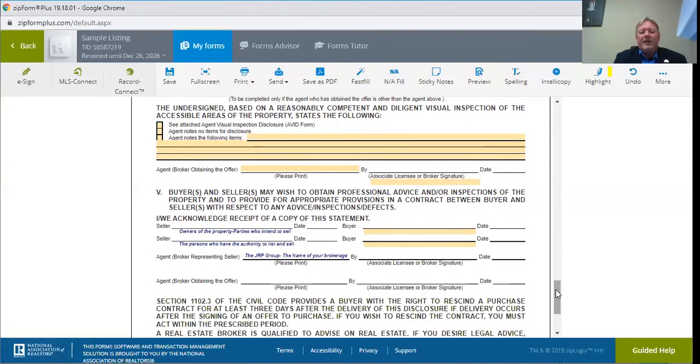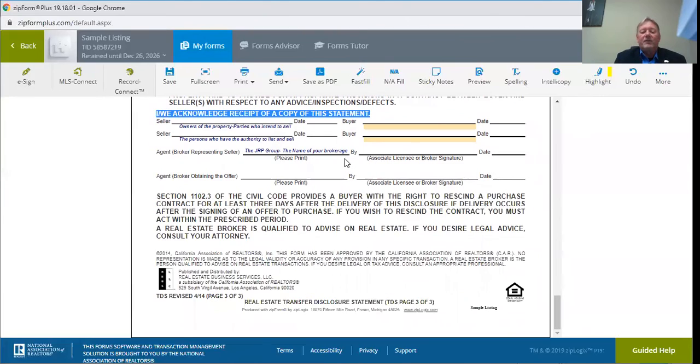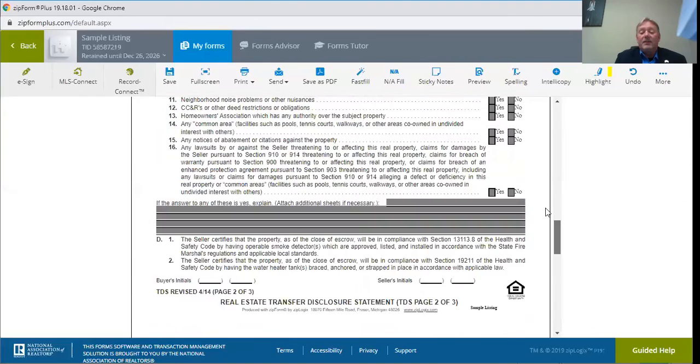They will be filling this out as well. And then here we have acknowledgement of the copy of the statement. So here we actually have an area where, again, the seller is going to be signing in its second place, but we also have a buyer's signature line. We have a signature line for both agents, and then that completes the TDS.